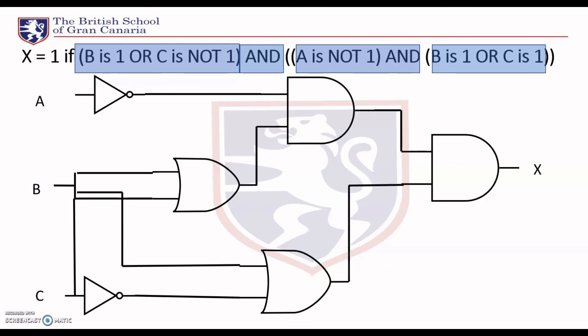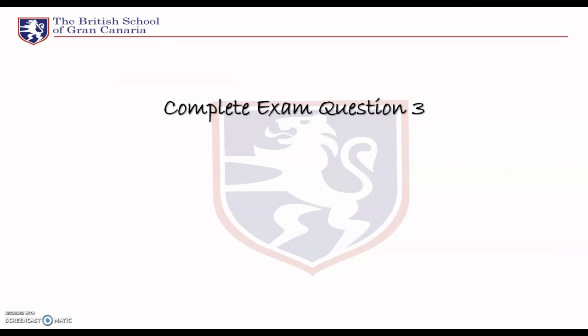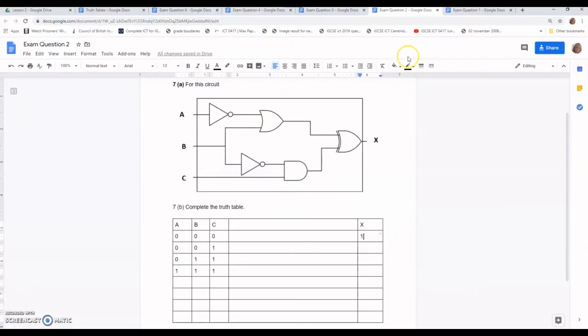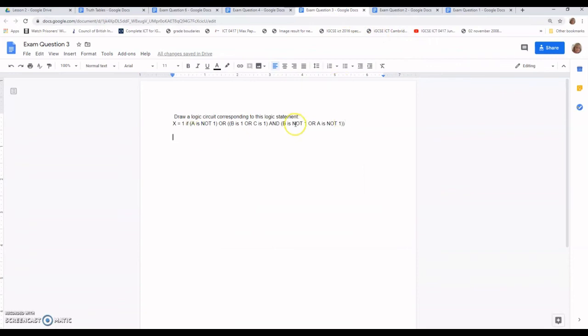Okay, easy as pie. Now, if you don't get it right the first time, do not worry, because everybody takes a different speed to get used to this. So don't worry too much. What I'd like you to complete now is exam question 3. It's right here, and basically you need to draw the circuit with this corresponding gate.